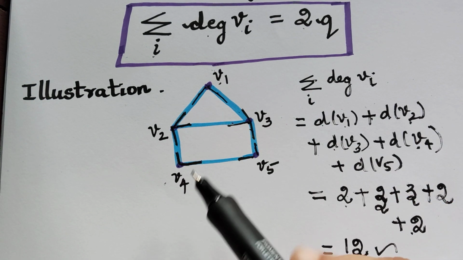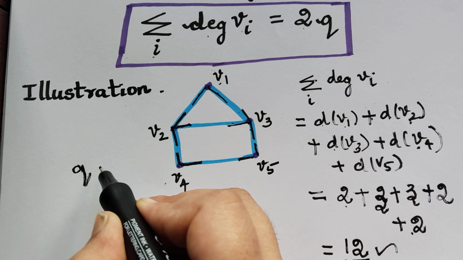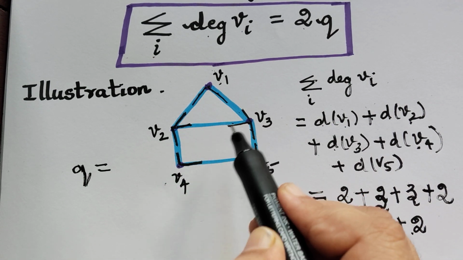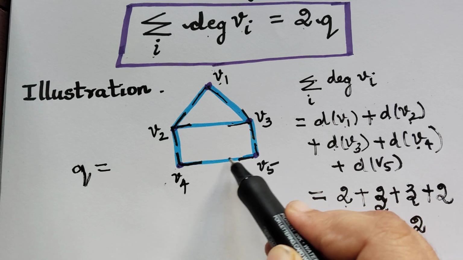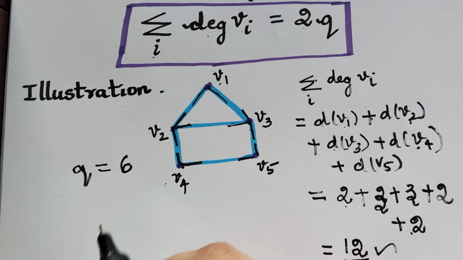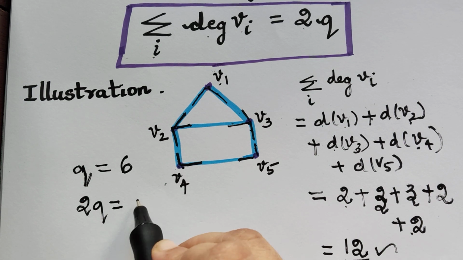So in this illustrated graph, how many edges do we have? The number of edges Q is equal to 1, 2, 3, 4, 5 and 6. So there are 6 edges. So the value of Q is 6. And what about the value of 2Q in that case? It is 12.